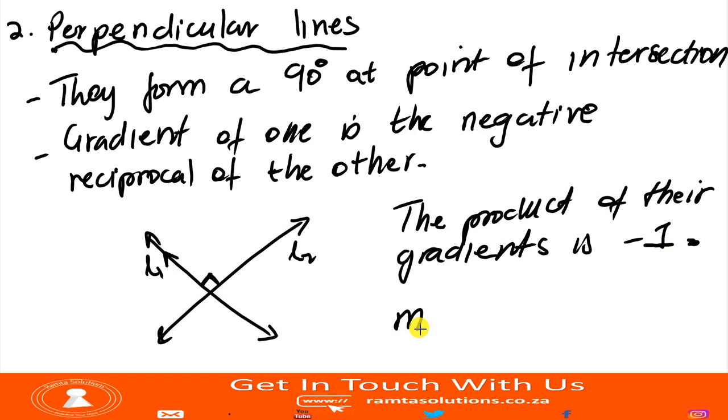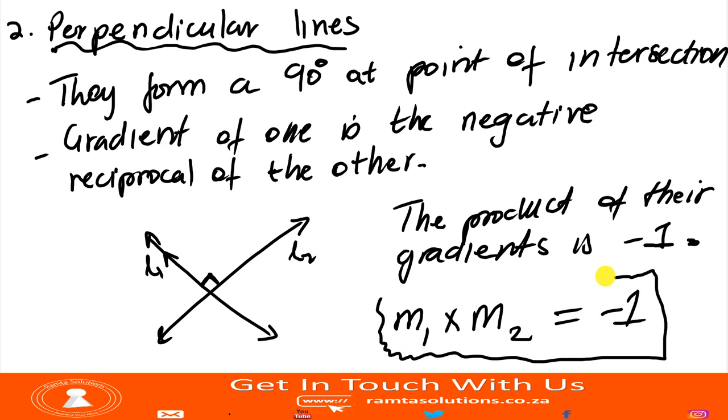This means gradient 1 multiplied by gradient 2 is equal to negative 1. So this is important to note for perpendicular lines.